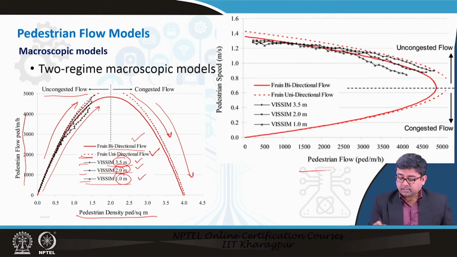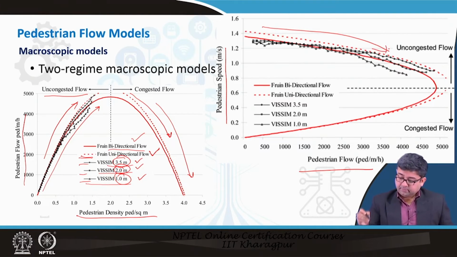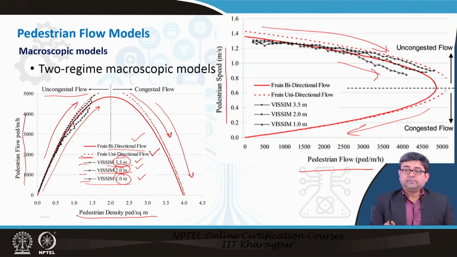Similarly, this is an example of pedestrian flow and pedestrian speed. Again, they have been able to model the uncongested flow pretty well, whereas with the simulation tools as well as the unidirectional flow, it becomes very difficult to model the congested flow.